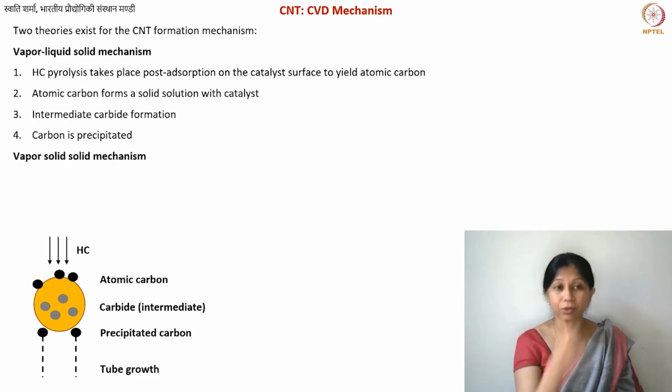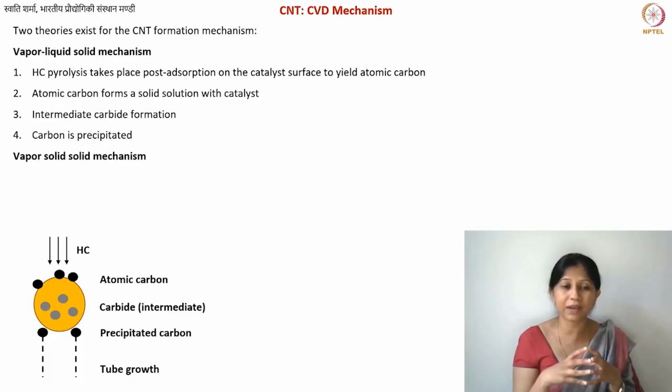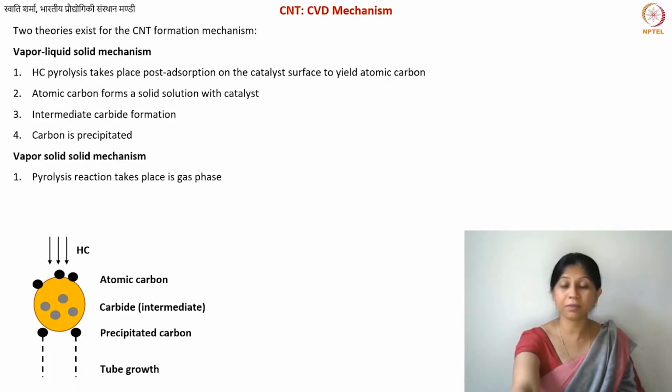The second mechanism is known as the vapor solid mechanism. Although even in the first one there's no liquid phase as such, it is believed that when this solid solution is being formed, it may have a liquid-like intermediate state. Now, in the vapor solid mechanism, it is believed that the pyrolysis takes place in the gas phase.